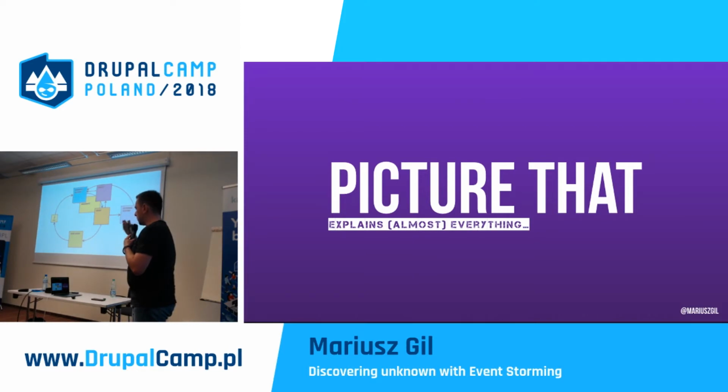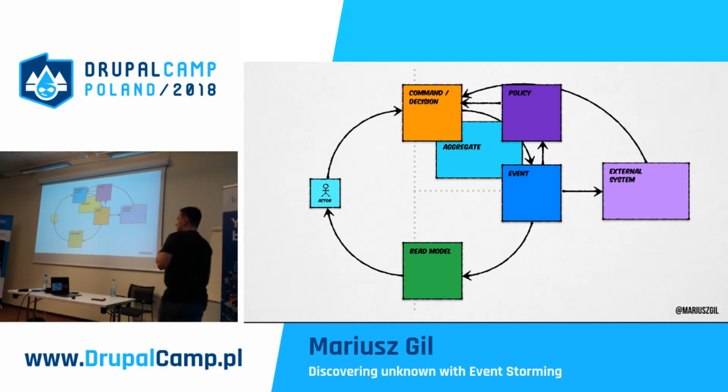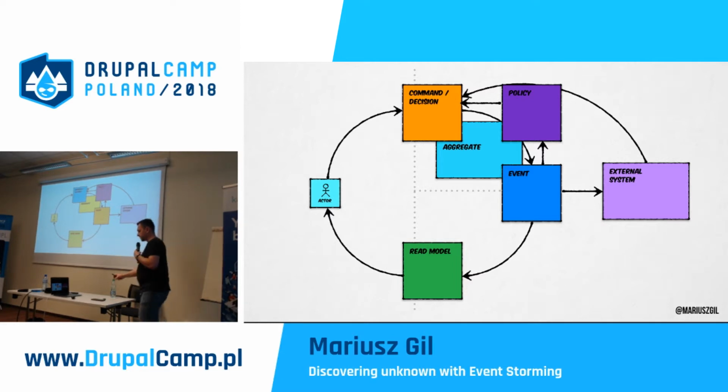This picture was proposed, one more time, by Alberto Brandolini, and this is it. We've got the actor in our system, and our actor usually would like to perform an action. It's not about reading from the system, but sending an action, like registering payments or something like that. When our system receives this action, this command, and using a command handler pattern, this command will be executed, and probably some business object from our system will be involved in the transaction.